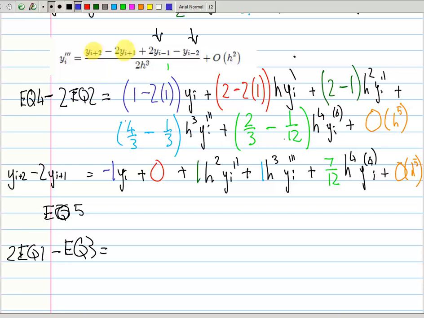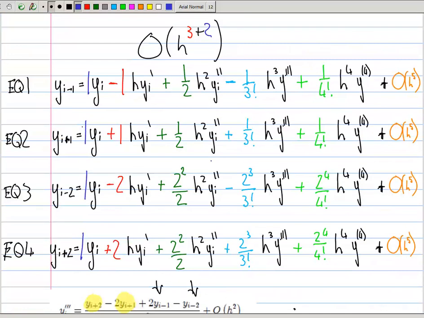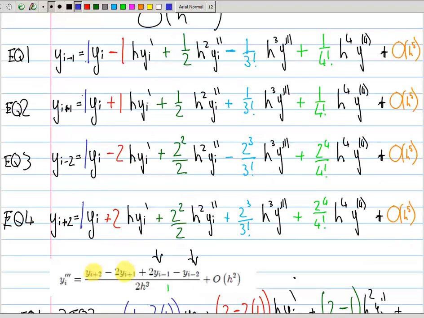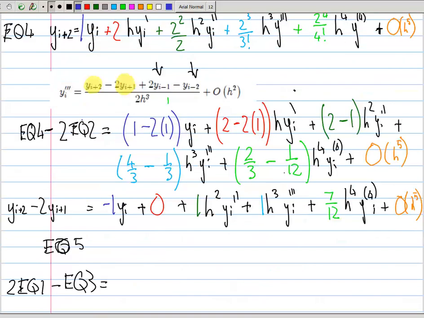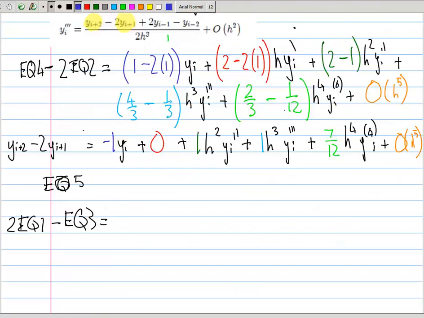And now the nice part is we know, when we look at our equations above, that equations 1 and 2, 3 and 4, they all have the same constants. It's just signs that change. So 1 and 2 share constants, 3 and 4 share constants. So when we're doing this, I'm just going to go through it quite quickly.